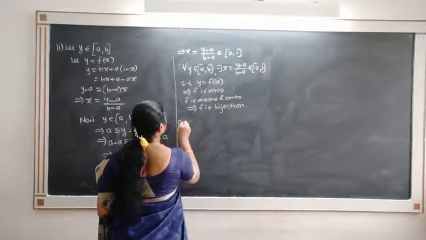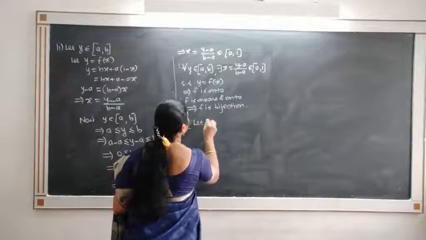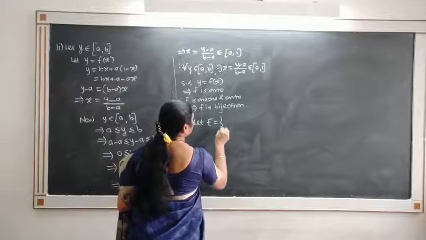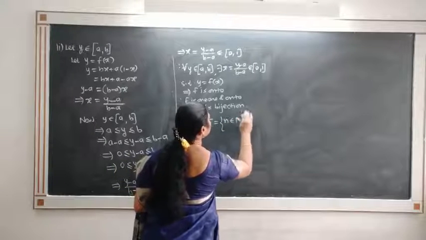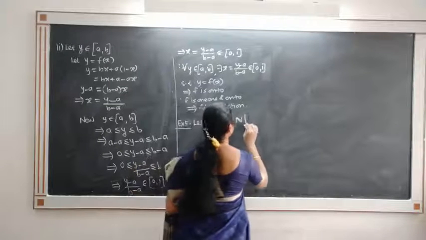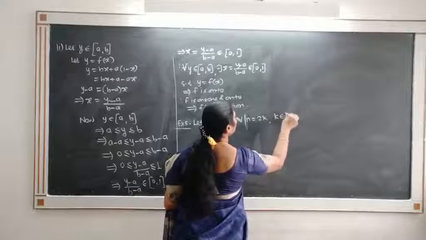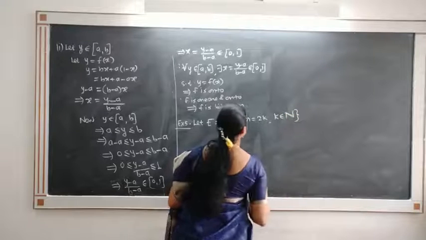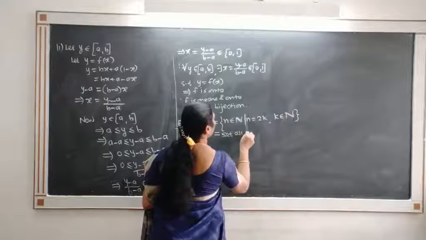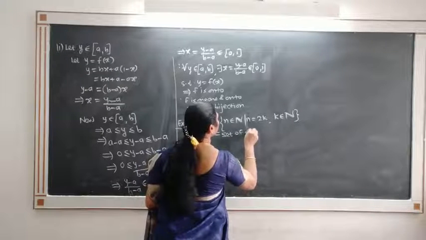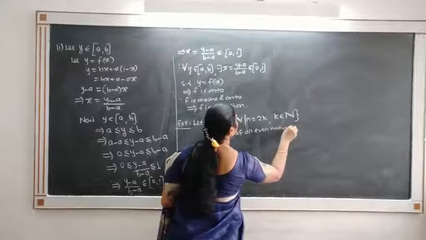Consider the next example. Let E denote the set of all n belonging to N, that is natural numbers, such that n is equal to 2k, where k belongs to N. That is the set of all even natural numbers.